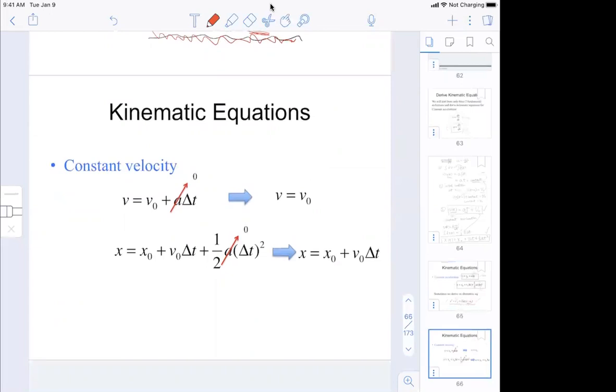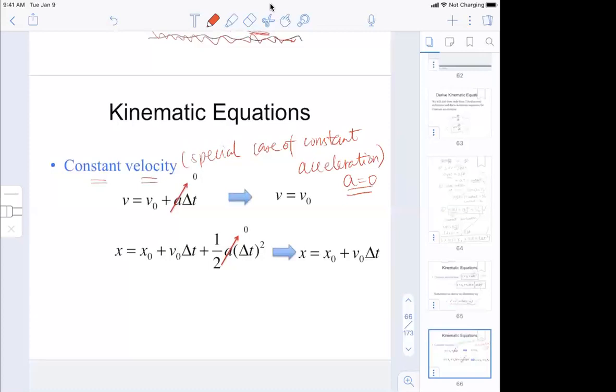You can see that constant velocity is a special case of constant acceleration. It is when your acceleration is equal to 0, right? Because there's no acceleration, you're not accelerating. Your velocity remains constant, does not change.